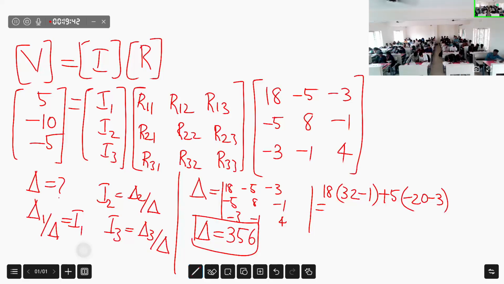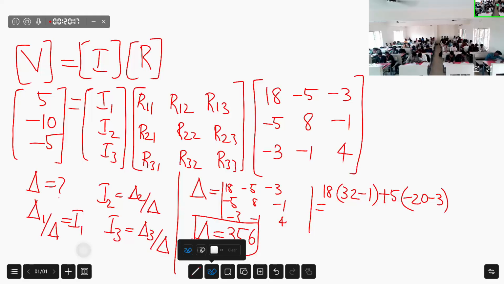Next, find out the value of del 1. So what will you do for del 1? Just replace the first column with my voltage values. Okay? So del 1 is equal to 5, minus 10, minus 5.